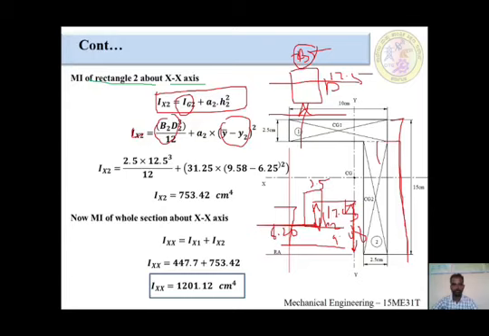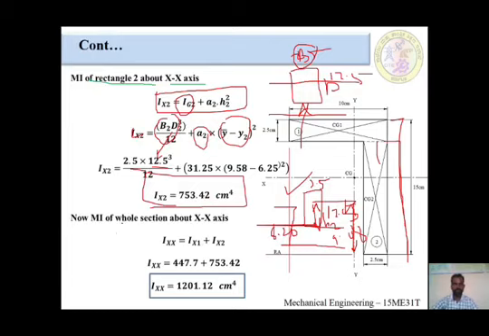So 2.5 into 12.5 cube divided by 12 plus A2, which we got as 31.25, into (9.58 minus 6.25) whole square. I already explained in previous sessions how to find H1 and H2. After putting these values in this equation, we get Ix2 as 753.42 centimeter raised to 4.